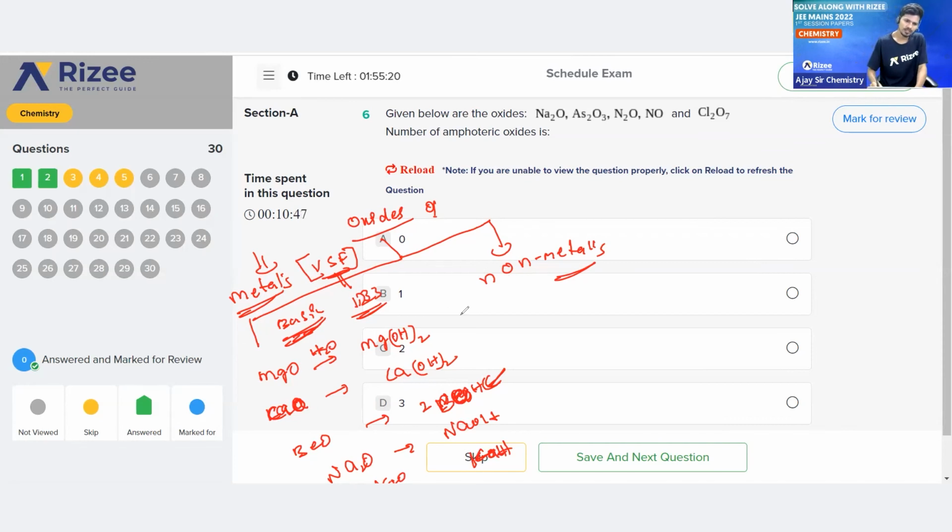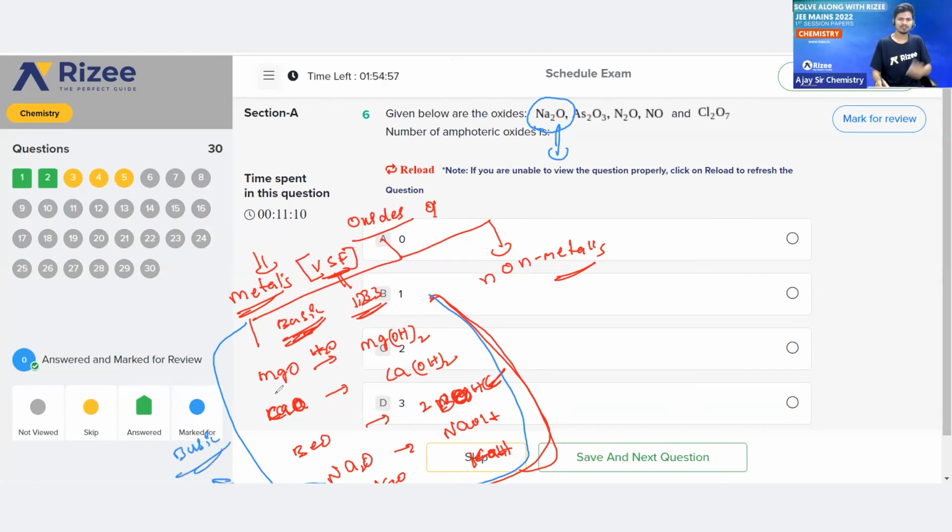So these all are basic oxides. You can also see here Na2O is there, so this is a basic oxide. They gave it from this list only.